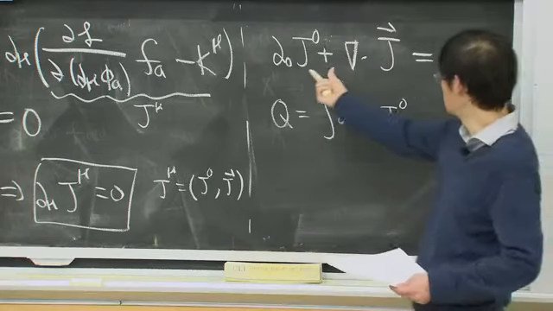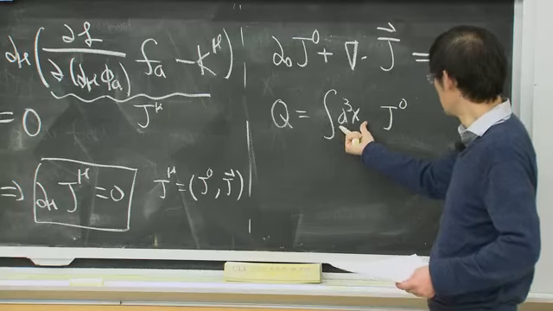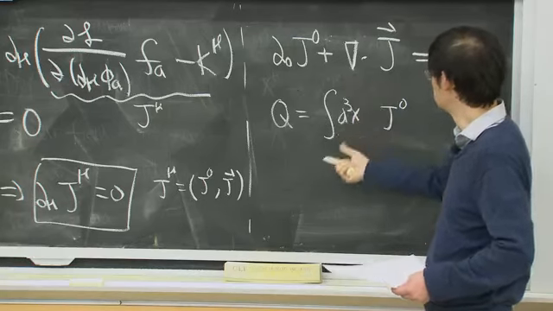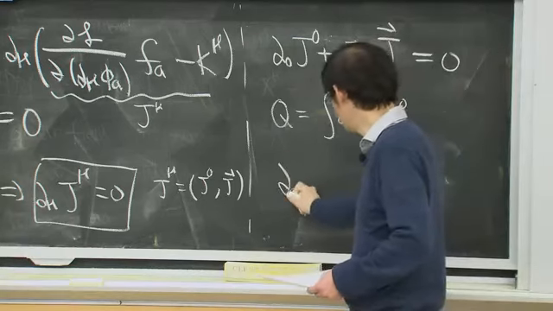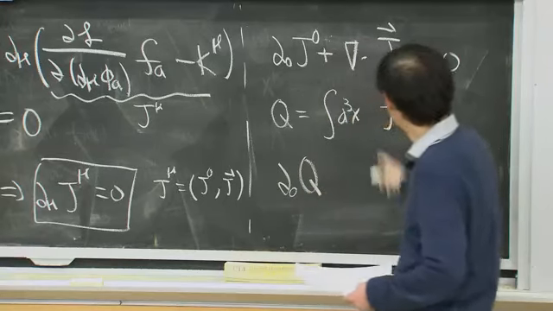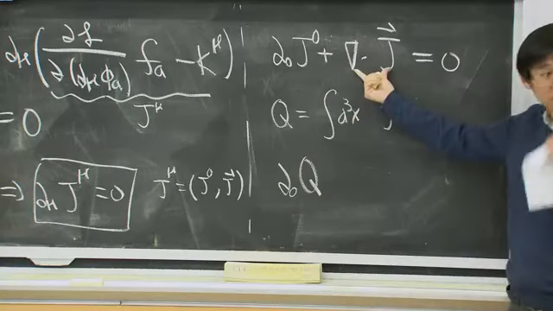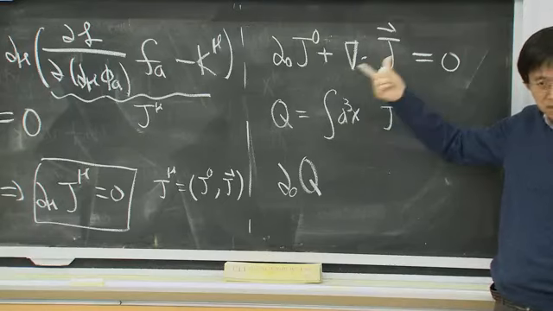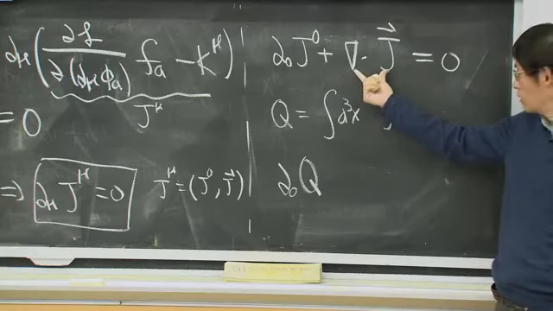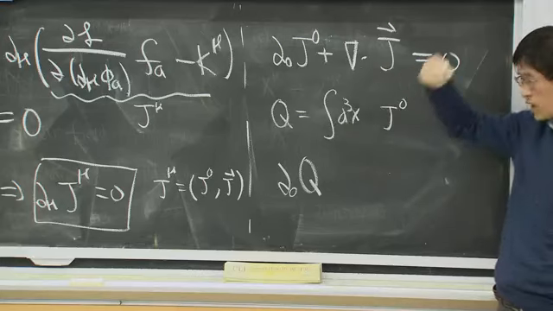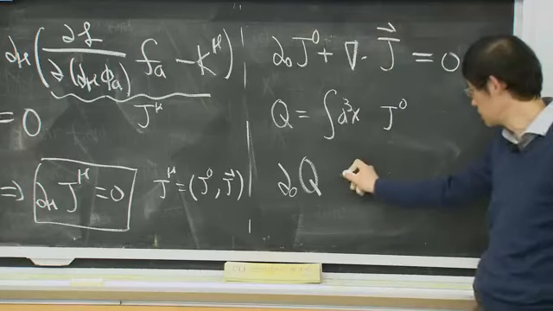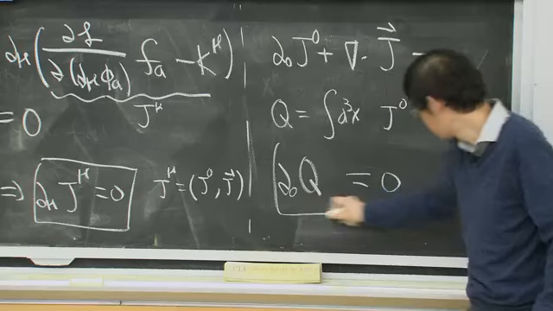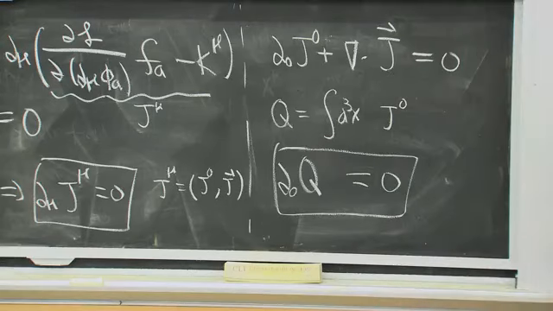So if you integrate both sides over the total volume, this just becomes partial_0 Q, and this term becomes a total derivative, and then you can convert it into a boundary term using the Gauss law, and then normally the current vanishes at infinity, and then you just have charge conservation.